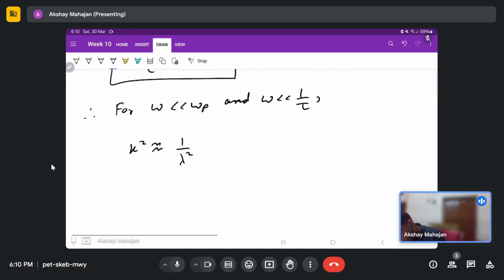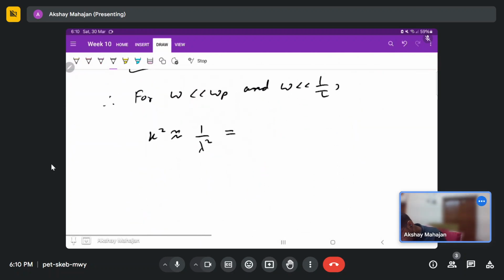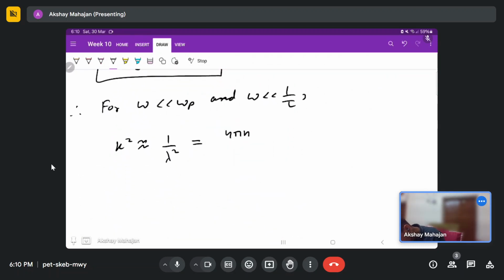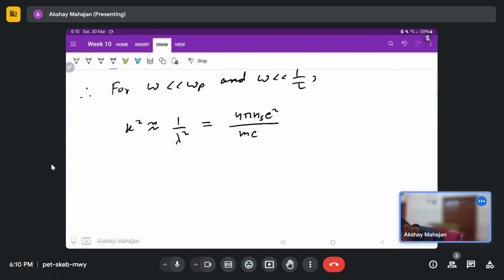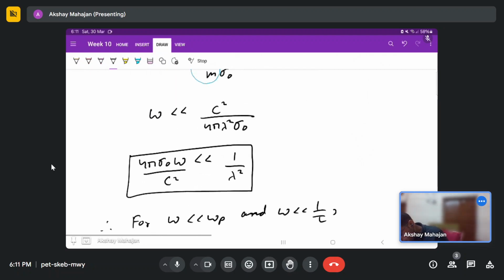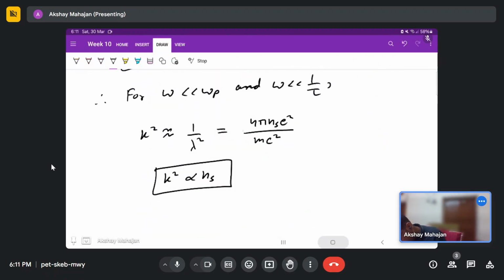And we know that lambda square is mc square upon 4 pi ns e square, so 1 by lambda square is 4 pi ns e square by mc square. So basically our k square is directly proportional to ns. It doesn't depend on the concentration of normal electrons. It is proportional to the concentration of our superconducting electrons.